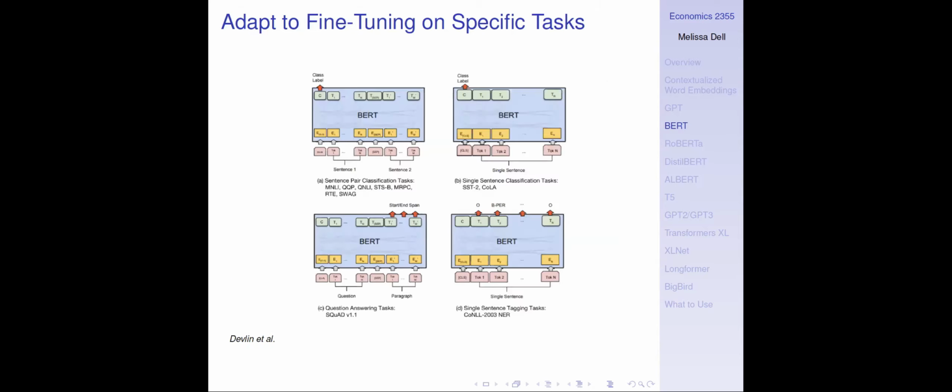Just to give some examples from the paper, there's sentence pair classification. You see a bunch of acronyms there, which are different benchmark data sets for a common task in NLP benchmarks: do these sentences belong together? Obviously it should do well on that since that's how it's trained. Then there are single sentence classification tasks, like classifying a sentence as positive or negative.